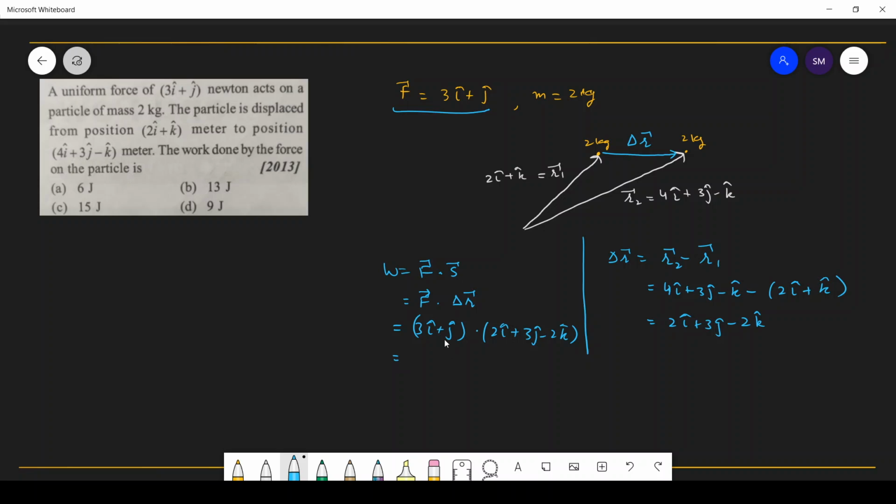We did the formula. i dot i is 1, so 3 into 2 is 6, and then the j component, 3 into 1 is 3, and then k is 0 here, so 0 into minus 2 is 0, so plus 0. So this comes out to be 9 joules.